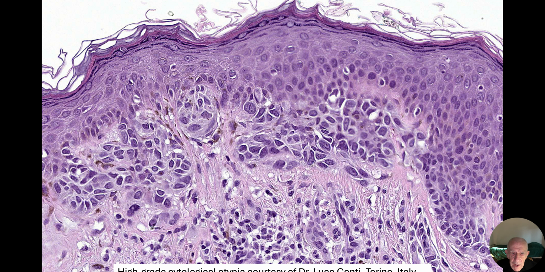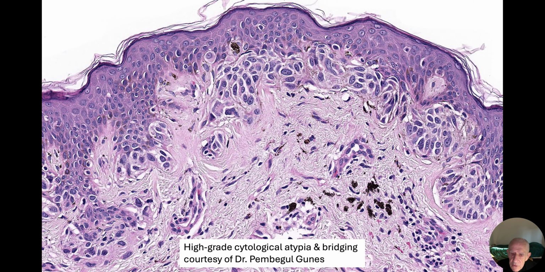And there's high-grade atypia courtesy of Dr. Luca Conti, and you can see the nuclei are very large and nuclei are prominent. And there's another one that Pembrokeshire Goons shared with me, and you again see very large nuclei, prominent nuclei and bridging. So I think the difference between low grade and high grade should be obvious.